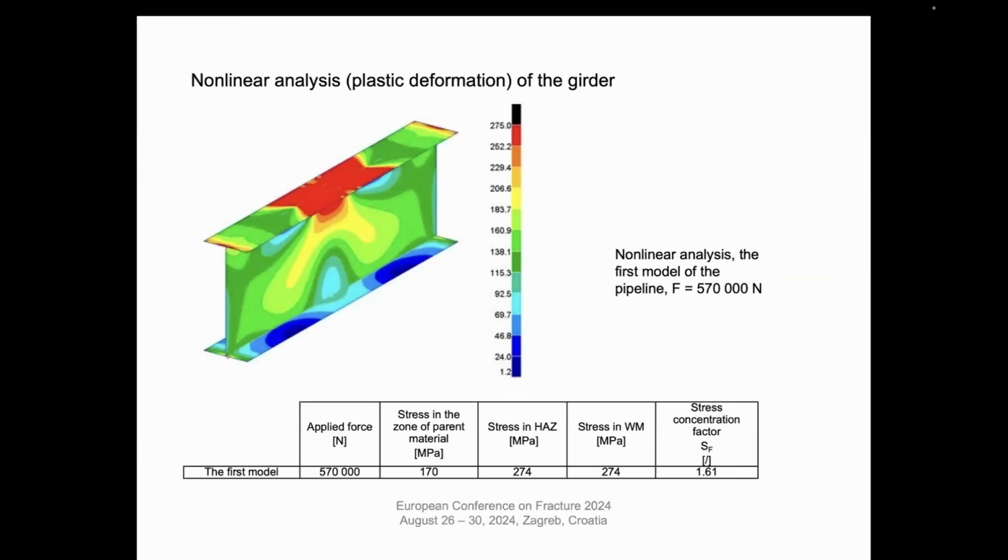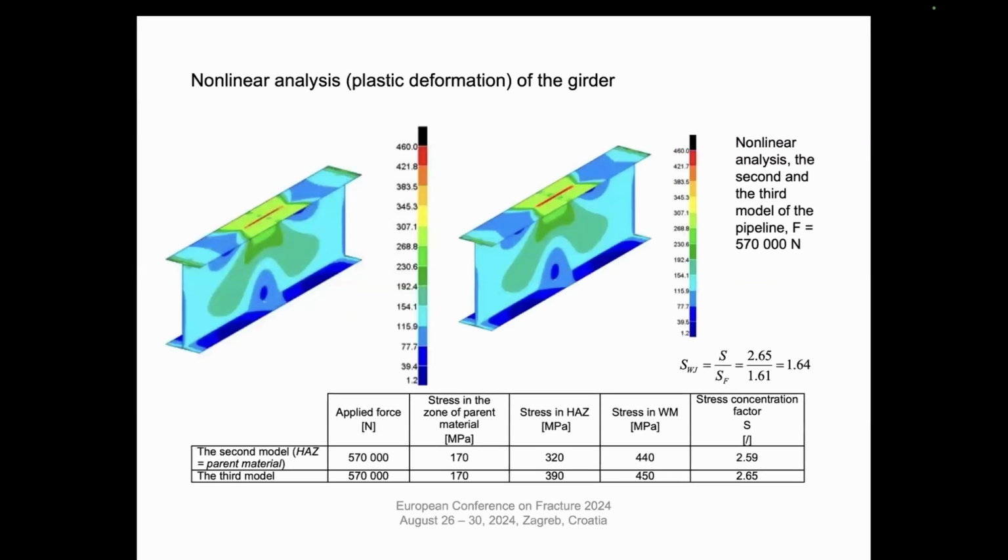This is a model without welded joints, and you can see the stress concentration factor estimated regarding this zone and regarding this one. Once again, the second model has welded joints included, but the heat affected zone has characteristics the same as the base material.